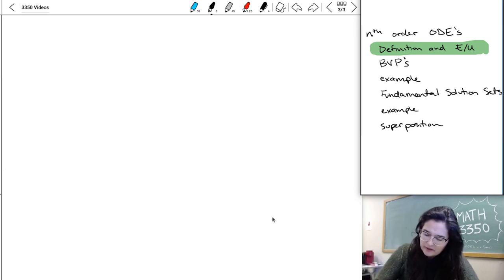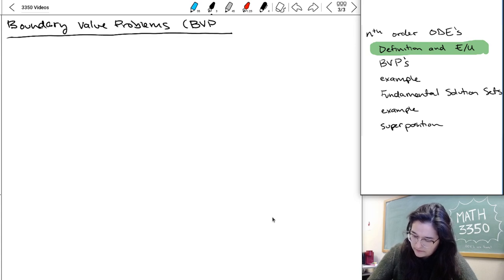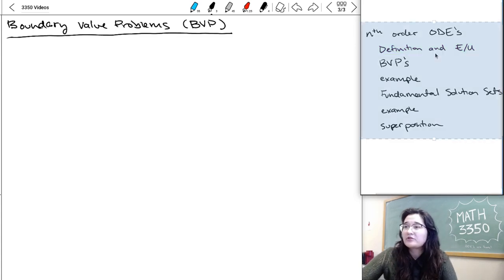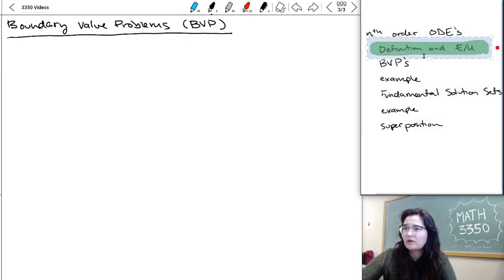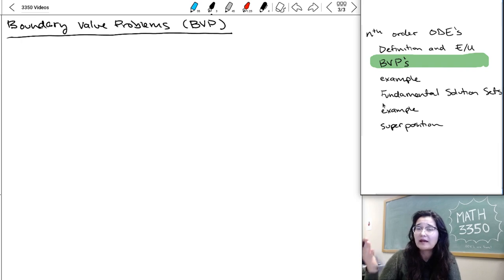So something kind of related to this are boundary value problems. Now that we have multiple conditions in an initial value problem, we actually have the opportunity to specify those conditions in what's known as a boundary value problem.